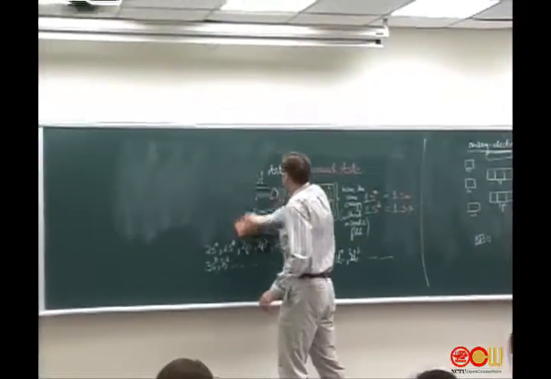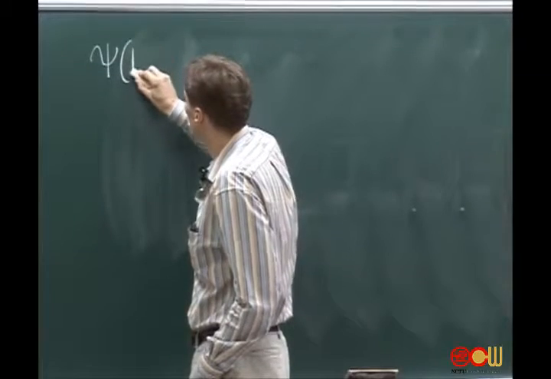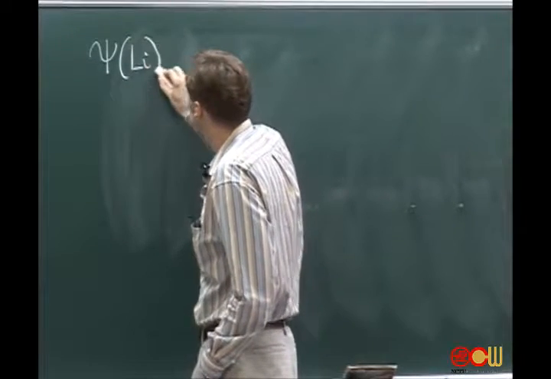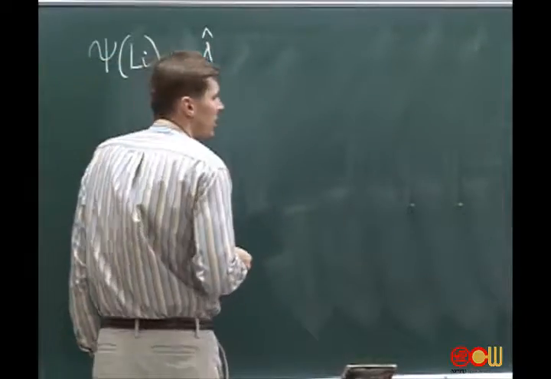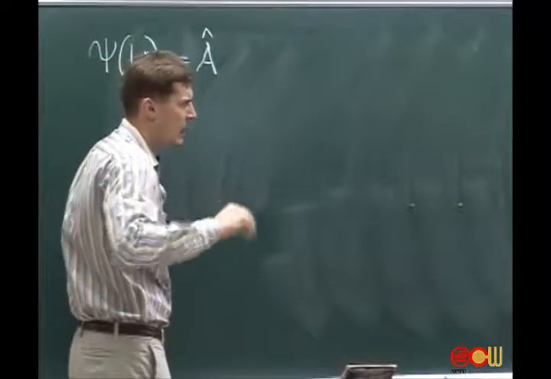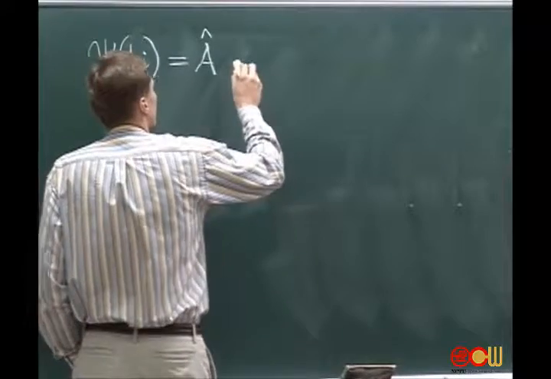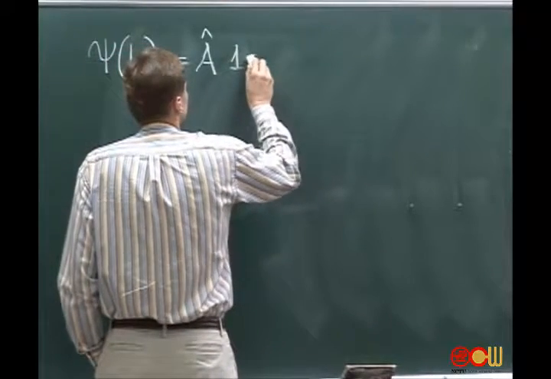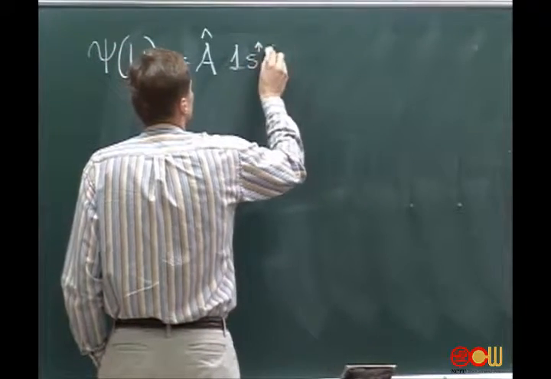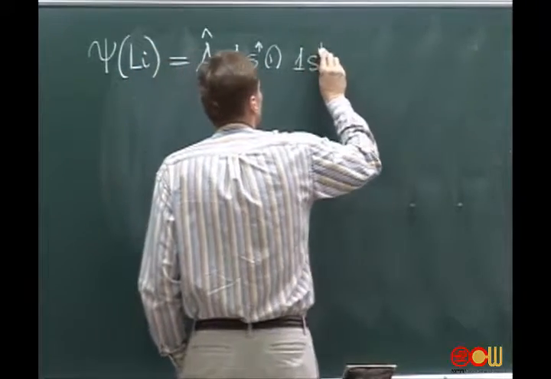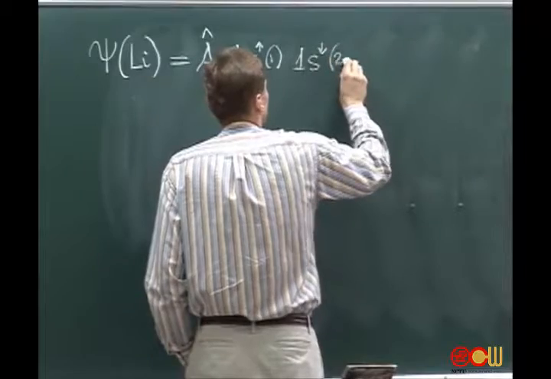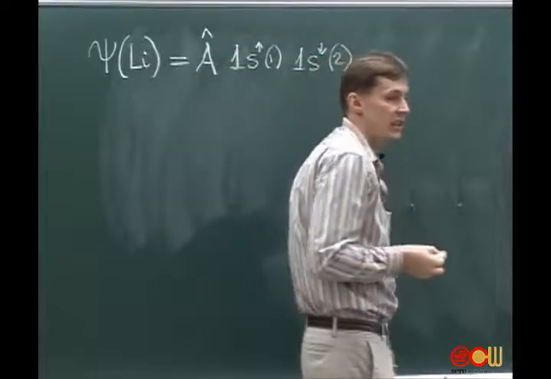So the wave function of the lithium atom is nothing else like the antisymmetrizer that I will be putting here. You know that it's making the other terms. 1s with the spin up for the first electron, 1s with the spin down for the second electron, and then what is the next one?